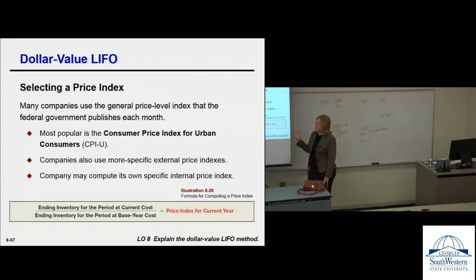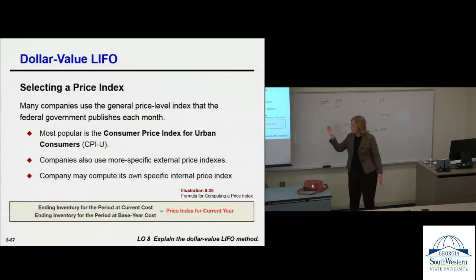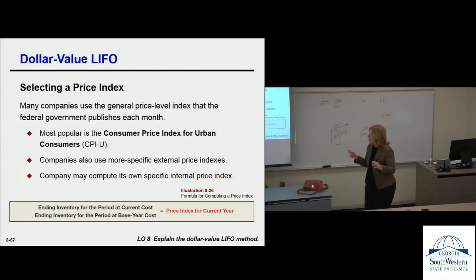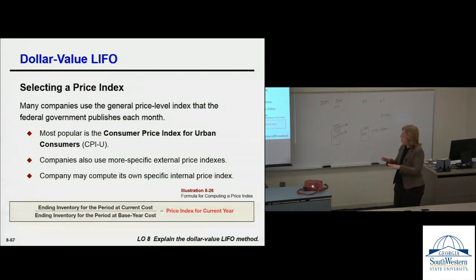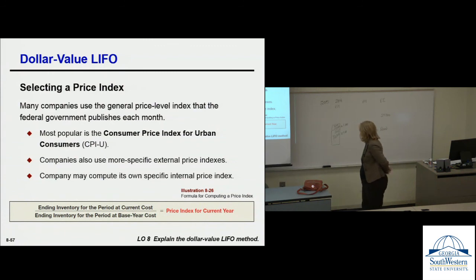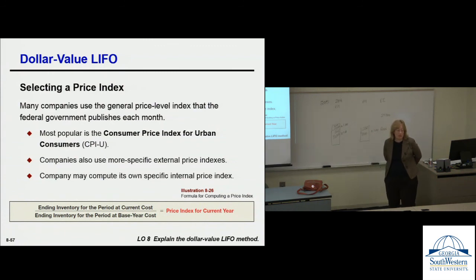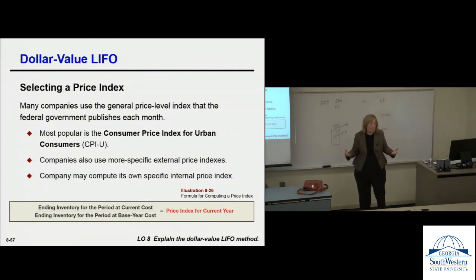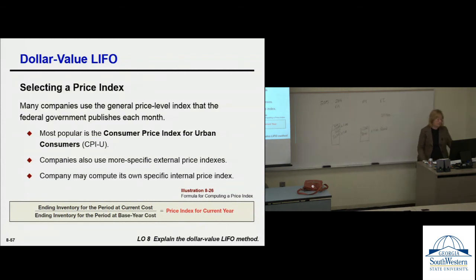This is how you can create an index: ending inventory at current cost divided by that same kind of inventory at the base year, to get an index for how much it's gone up since the base year. Like how much was spinach back in 2012 compared to how much spinach is this year. That's how we get the index. It's just a matter of how much things have gone up. You're just getting a percentage there.